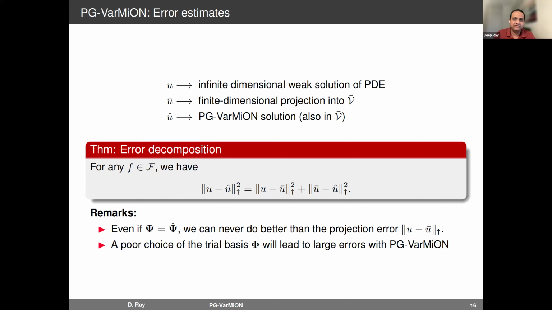So it becomes imperative to select a suitable trial basis for the kind of problem that you're trying to solve. So you need some domain knowledge to be able to construct a reasonable trial basis. And this is going to be particularly important when solving something like advection-diffusion, because you'll have boundary layers, right? So this is the first error decomposition theorem.